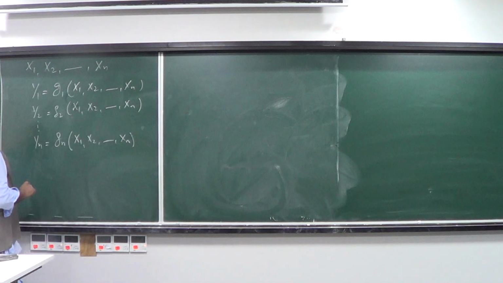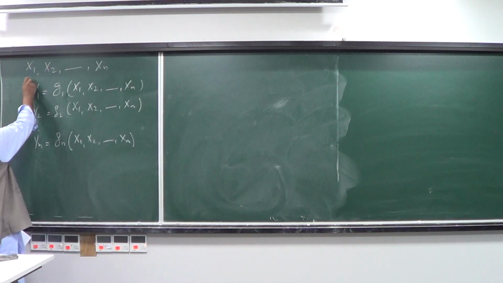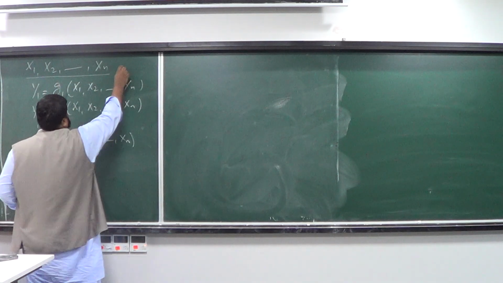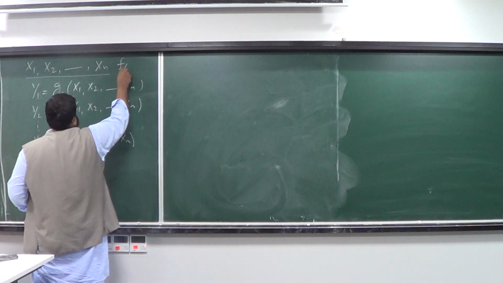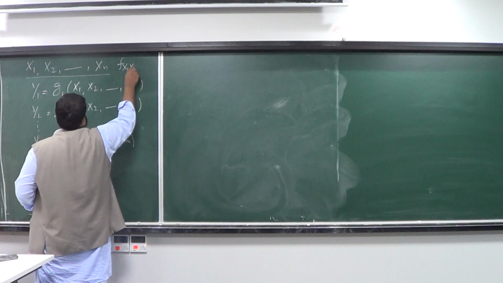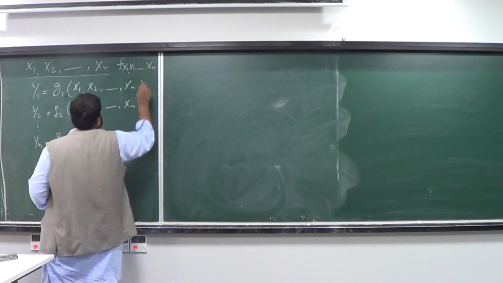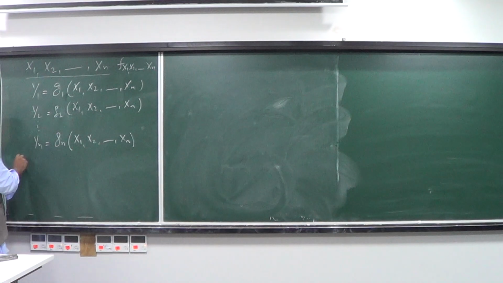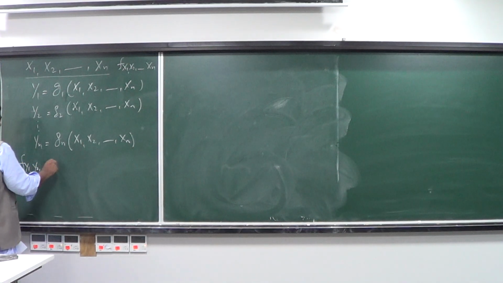The question is that if we say that for these n random variables you have a joint PDF of x1, x2, up to xn, what will be the joint PDF for y1, y2, up to yn?